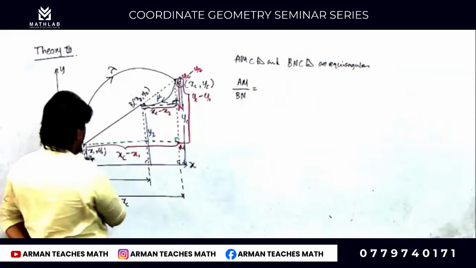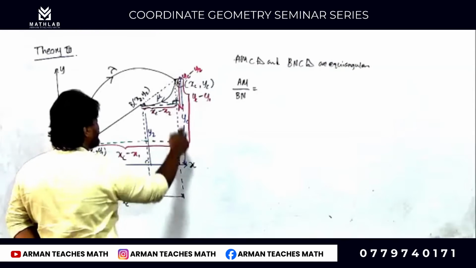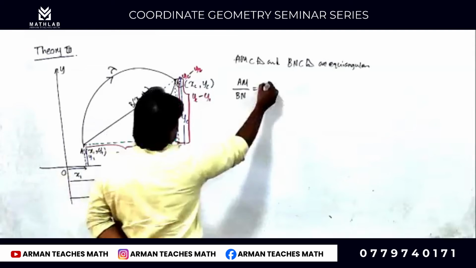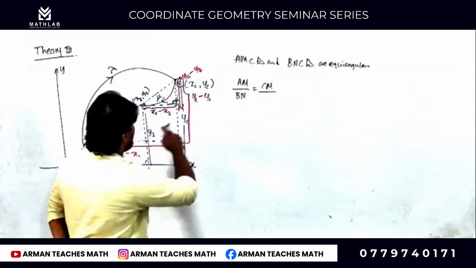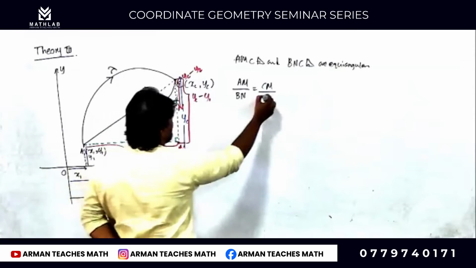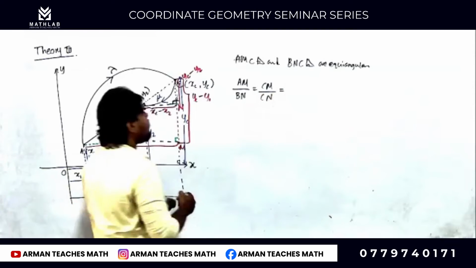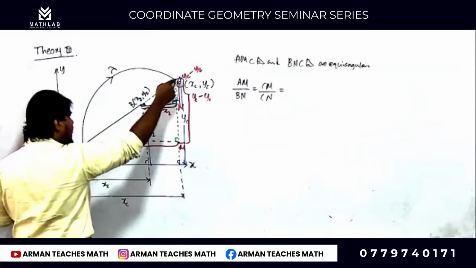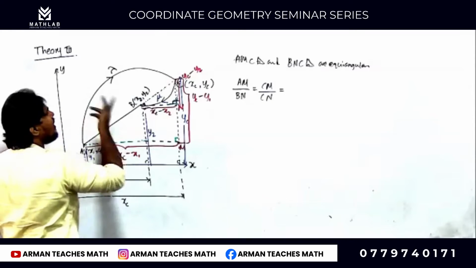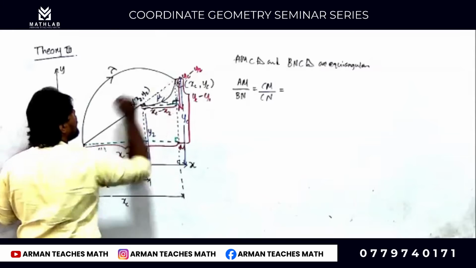What's this height? AM is this, no? AM's height is CM. CM divided by this height CN. This is equal to AC length divided by BC, or CB.